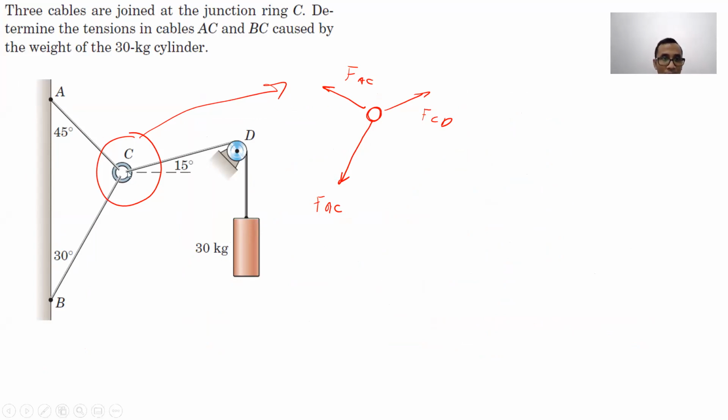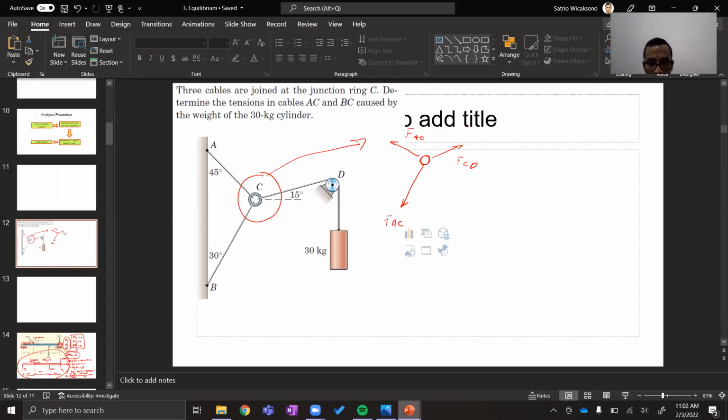So, for example, if we want to replace cable CD with a force representing it, then the force is supposed to go in the same direction as the cable, like this. And it's always in tension. Then FAC, the direction is supposed to be the same as the cable. And then FPC, the direction is the same as the cable. And it's always tension. That's the thing about cable.